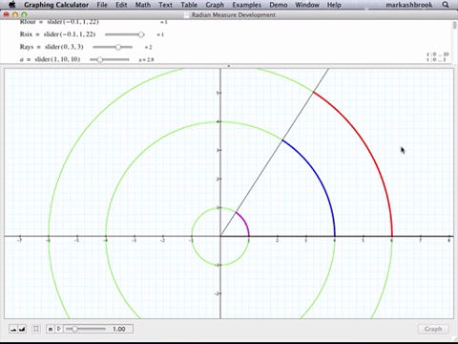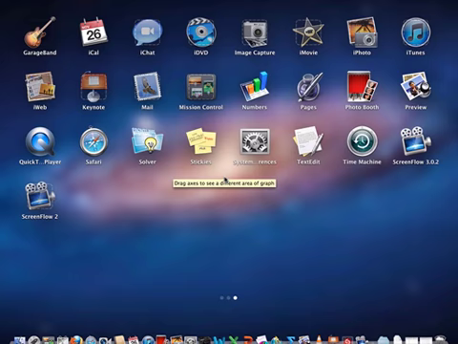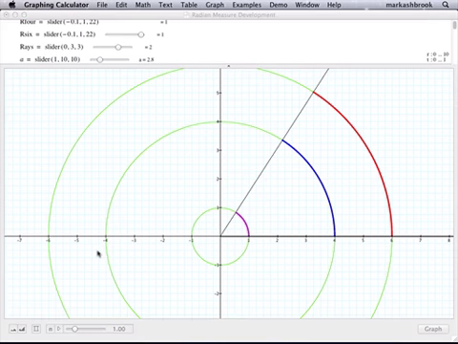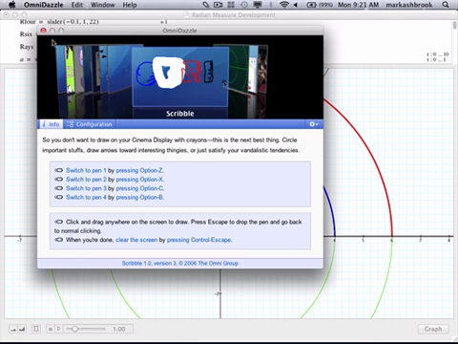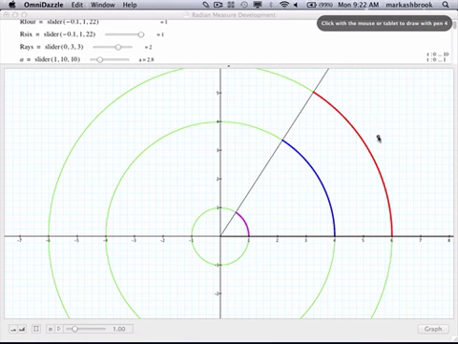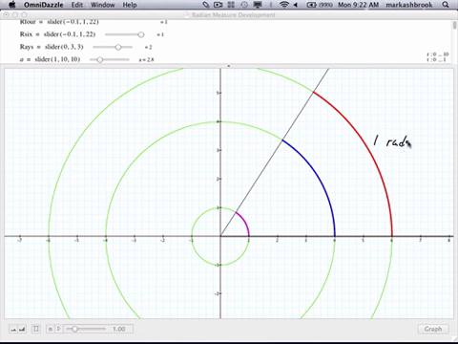And what do we call this angle? Anyone know? Remember? We did it a couple months ago. This is a radian, okay? So this angle is 1 radian, whether I'm looking at the red arc, or the blue, or the purple.